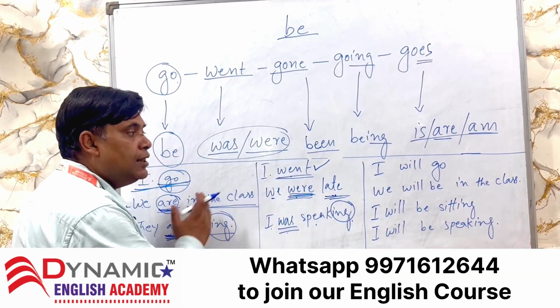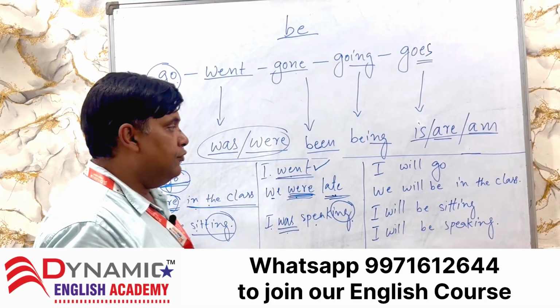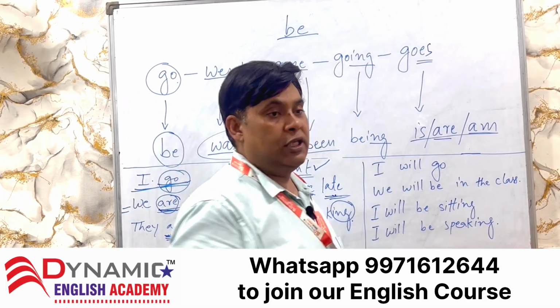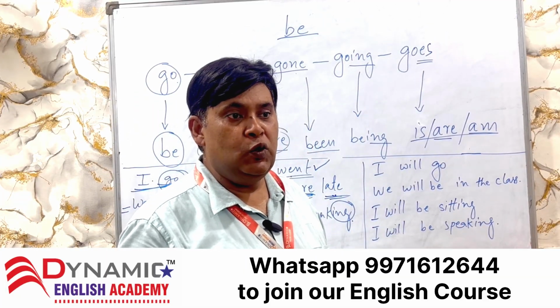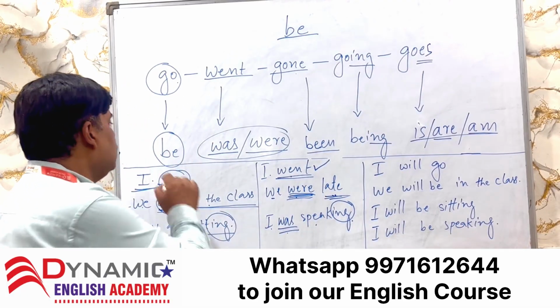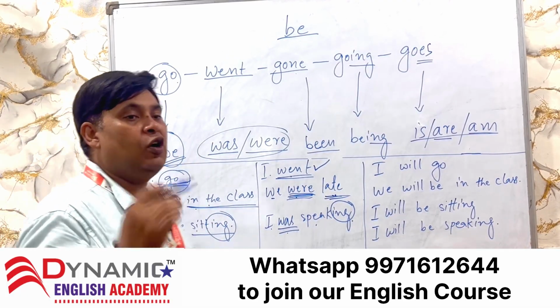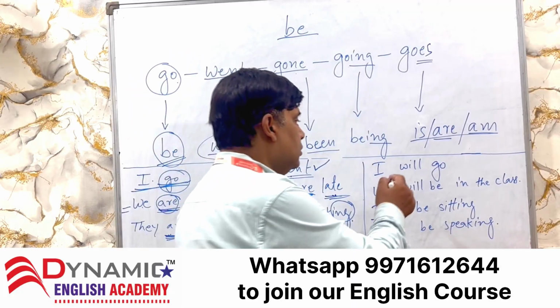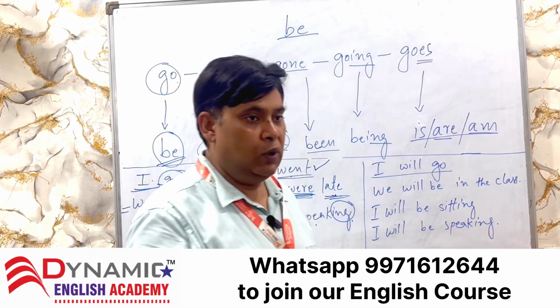Now, similar to this, if you want to make future sentence, you can use not is, am, are, not was, were, but you can use original form of be. Like I will go, मैं जाऊंगा.